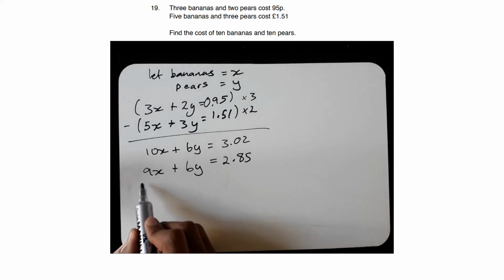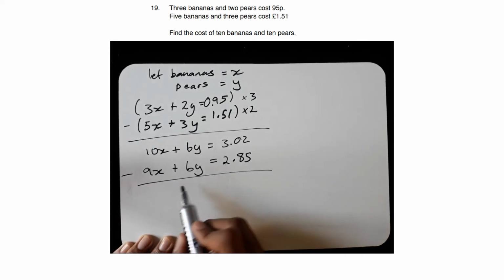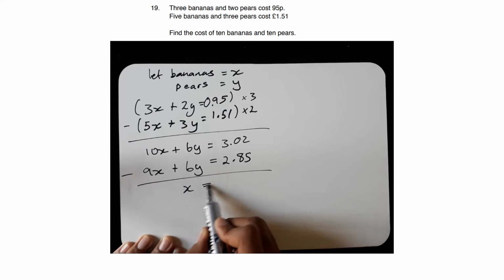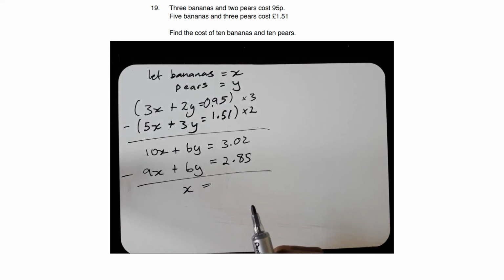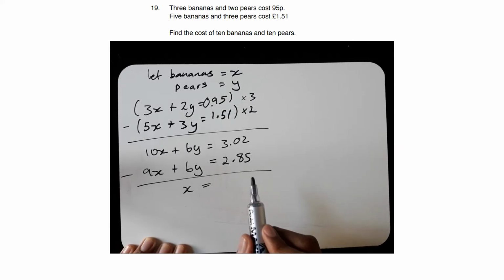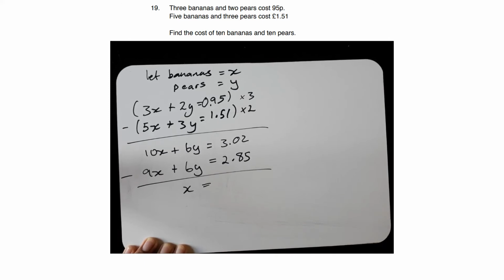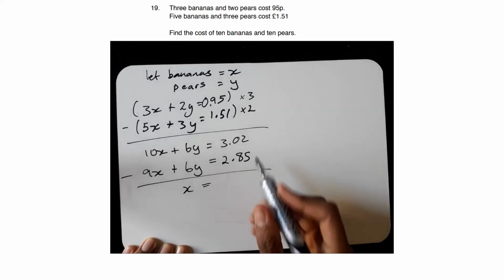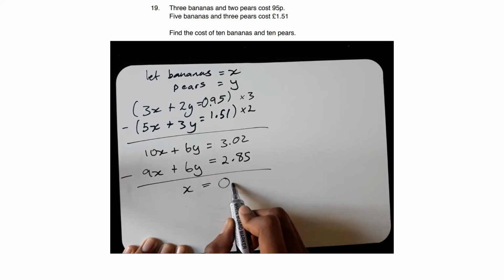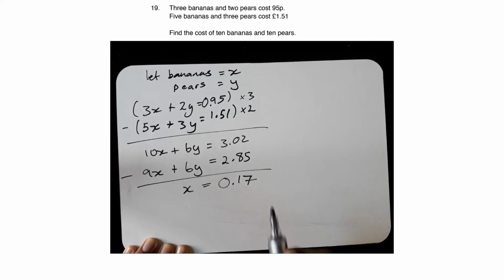So now we're going to subtract them. x, how convenient. x is equal to 3.02 minus 2.85, which is going to be 0.17. So that's our x.